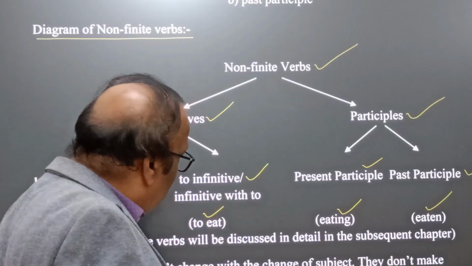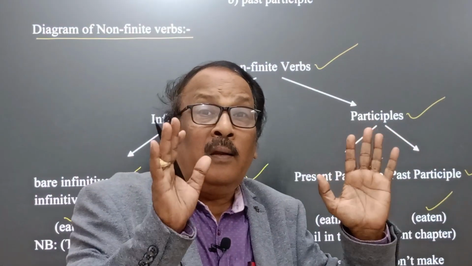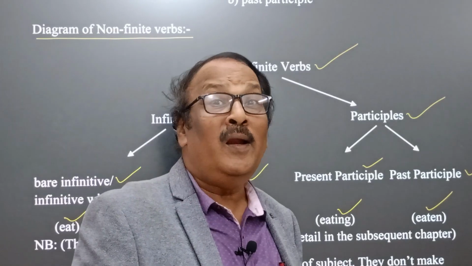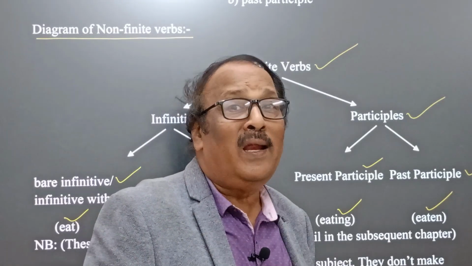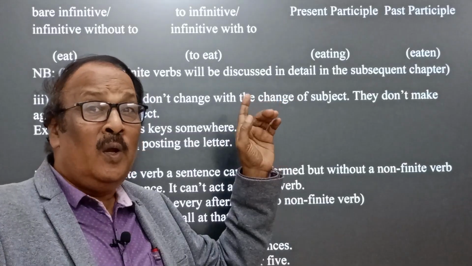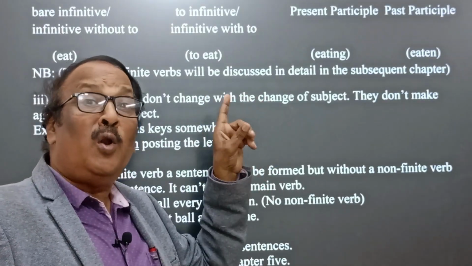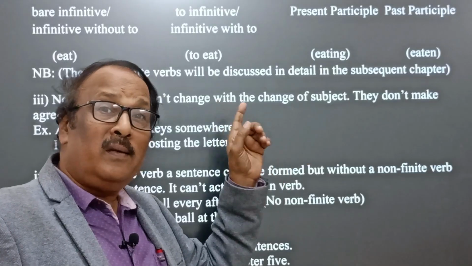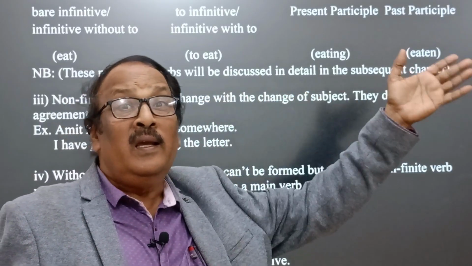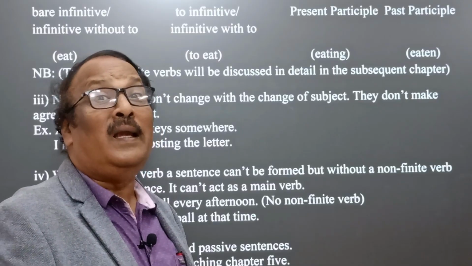All these verbs are non-finite verbs. They don't indicate tense. Am I clear? I'm just going to focus on non-finite verbs only, but these non-finite verbs will be specially discussed in the subsequent chapter in detail.